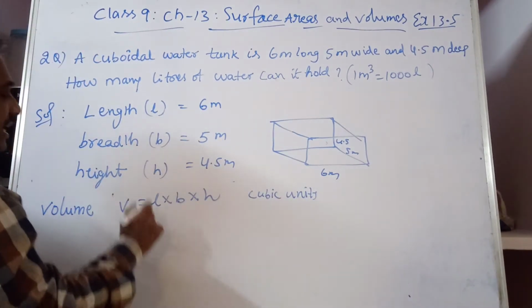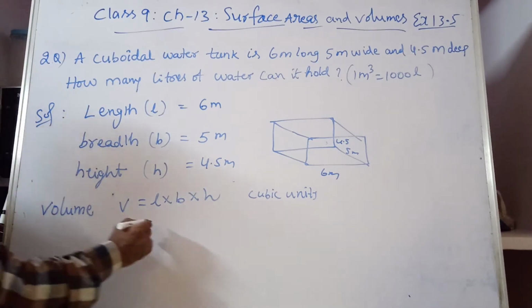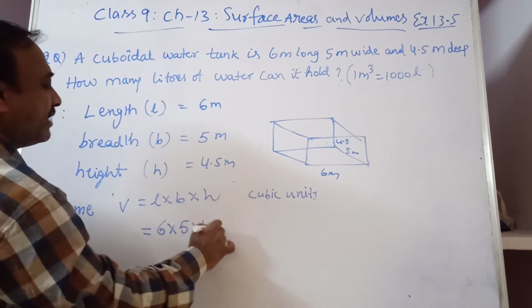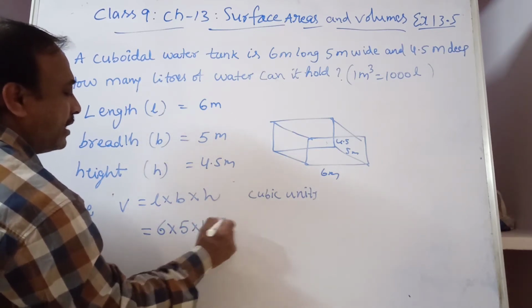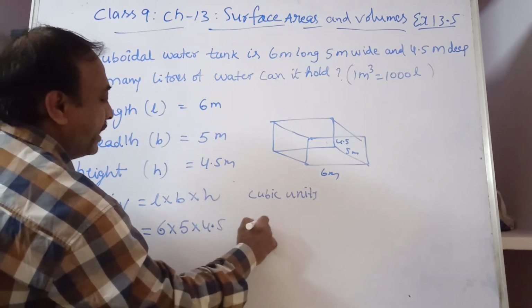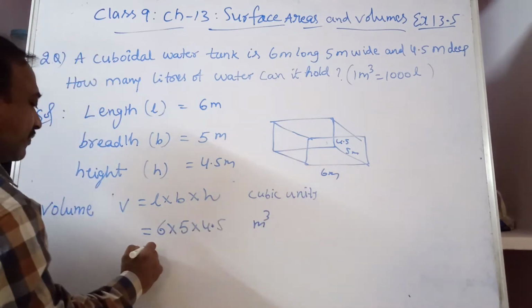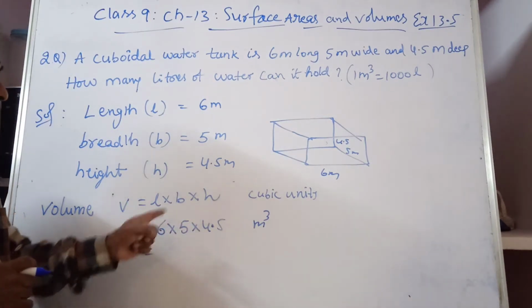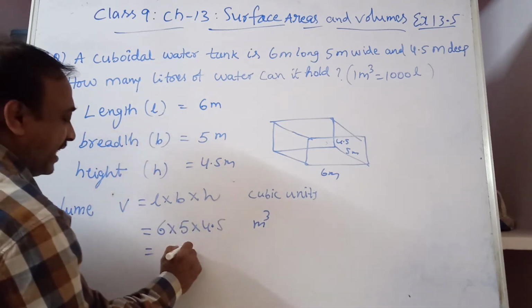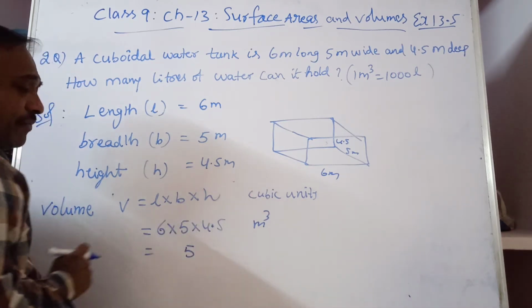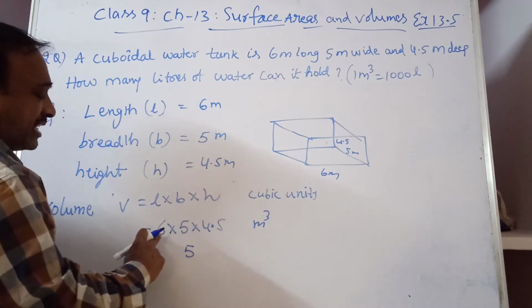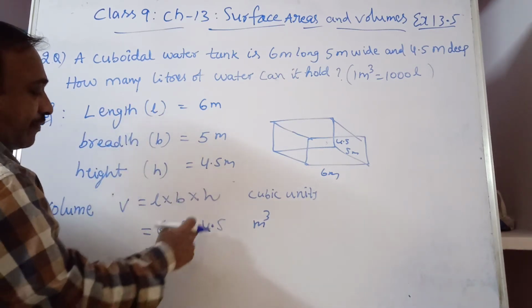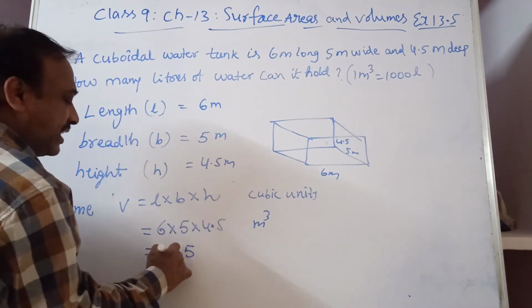L is 6 into 5 into 4.5 meter cube. 6 5s are 30. 30 into 4.5. 3 5s are 15, 3 4s are 12 plus 1, 13.